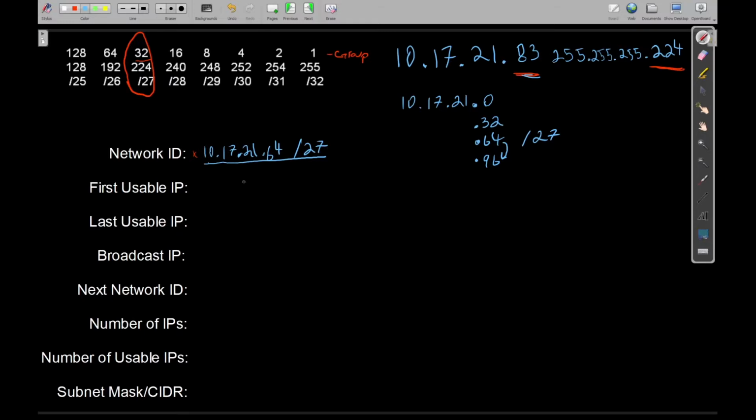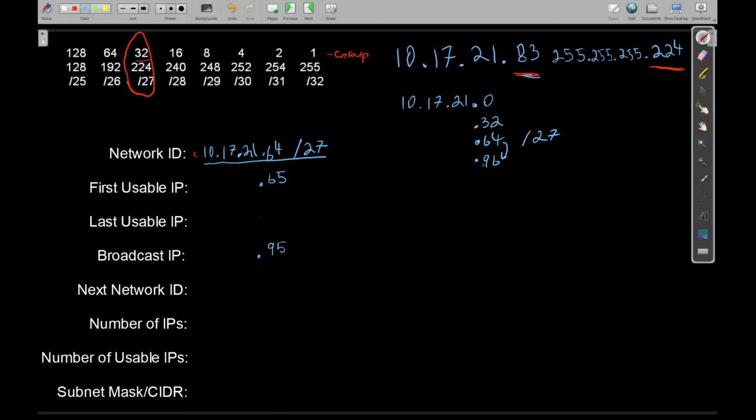So the first usable IP would be .65. The last usable IP, well, we'll start with the broadcast IP. The broadcast IP is going to be a .95. Now, the broadcast IP is the last IP address in the network.